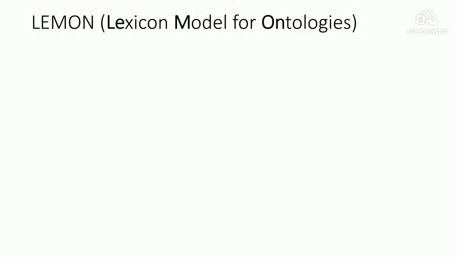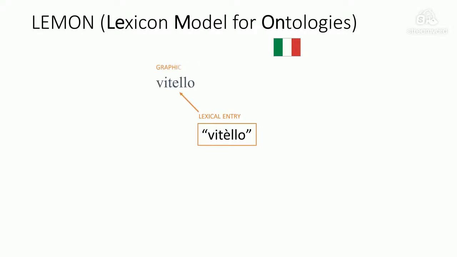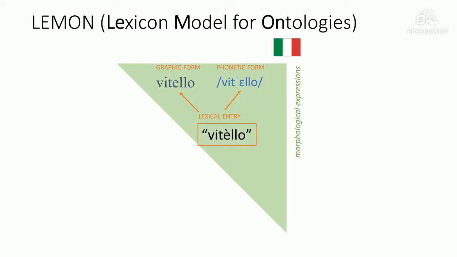So we started with the dictionary example. Now in LOD, the most popular lexical ontology is lemon. So let's see how it works to see how words look in it, so we can see something more relevant. Say we have the Italian word vitello, the young cow. It can have one or more written forms and sound forms, and that's the side of its morphological expressions.